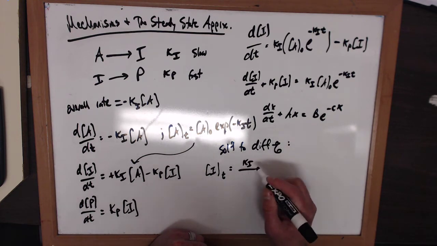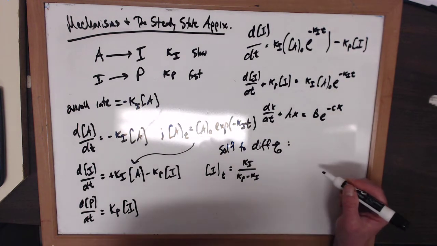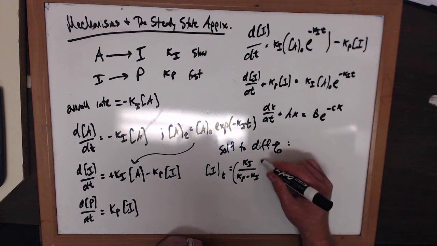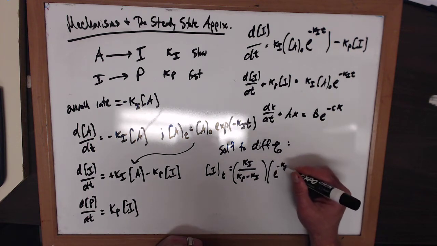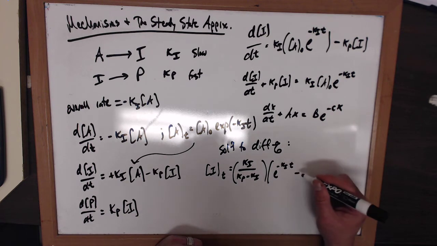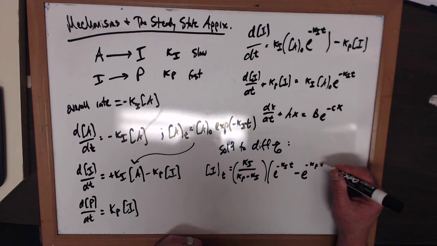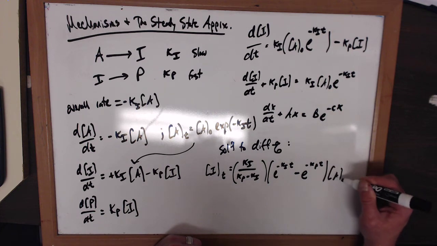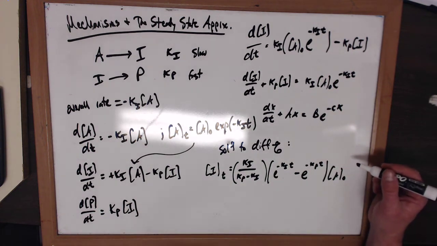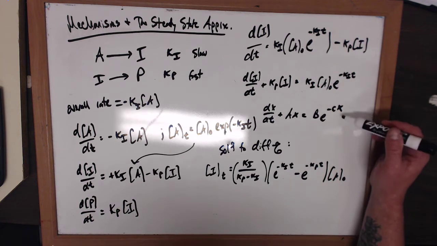It's Ki divided by Kp minus Ki, all times, okay, e exponential raised to the negative Ki t minus another exponential expression to the minus Kp t, and then that's all bracket, all times the A initial concentration. So we skipped a few steps in solving this expression, but again, this is because it had a standard solution for this first order differential equation.